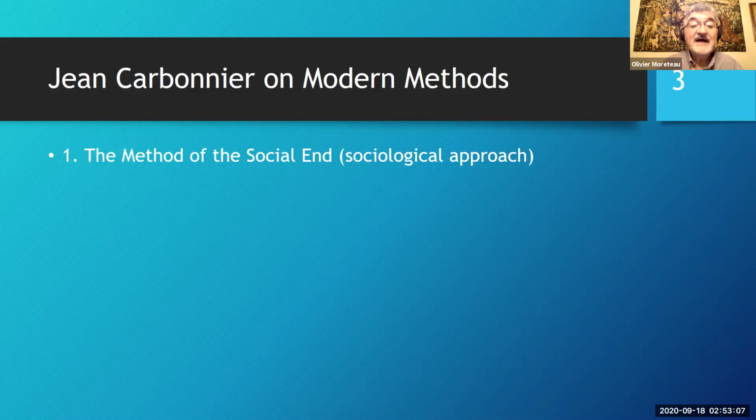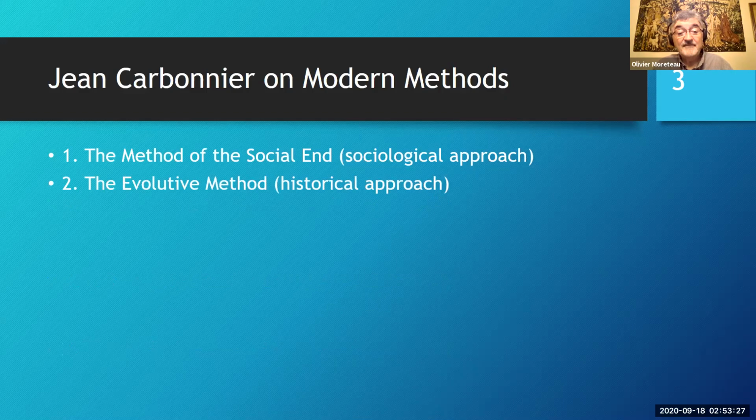He first identifies the method of the social end, a sort of sociological approach, saying that to make sense of the law, you have to understand the sociological context under which it was adopted and what is the social purpose of legislation. Another modern method is the evolutive method, that is a cousin to the historical school that we have identified in Germany.